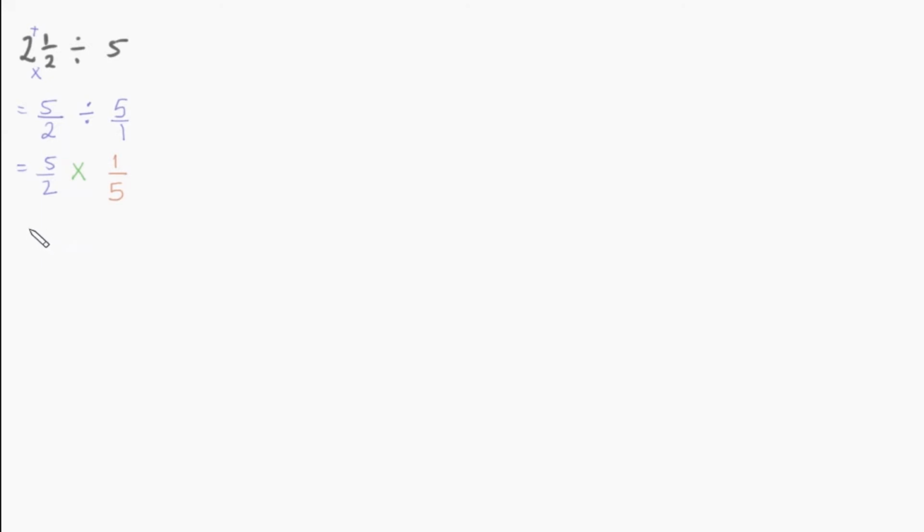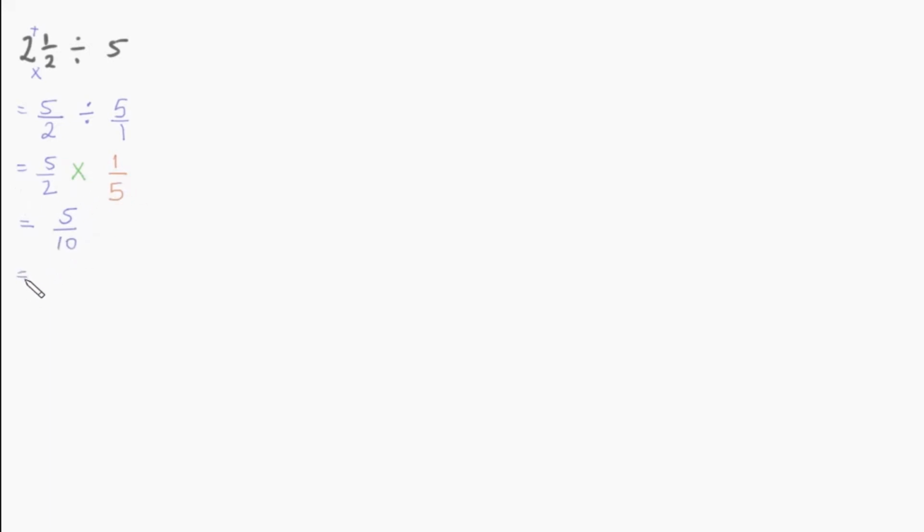Now you are multiplying a fraction by a fraction. So what do you do? You just multiply the numerator by the numerator straight away: 5 times 1 is 5, over 2 times 5, which is 10.